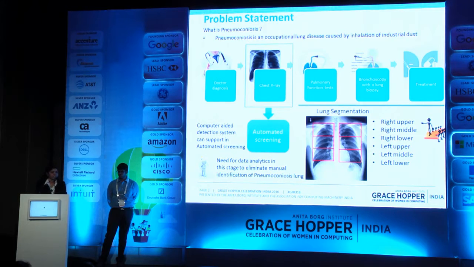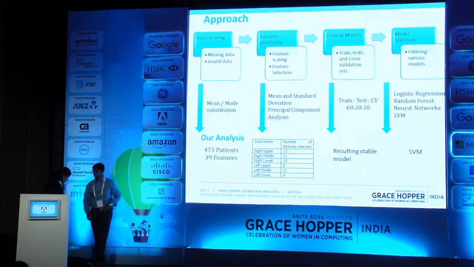We got a data set after the segmentation of the lungs, based on intensity values and grayscale metrics. It has complete 6 zones data with 39 features, and around 500 patients. This is the overview of the problem, and Murli will be continuing with the approach.